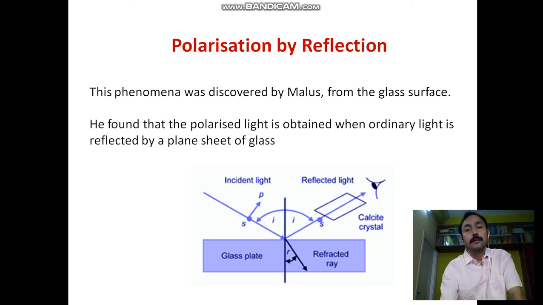Here in our picture, the incident ray is falling along this direction at an angle i, and it is reflecting along this direction and coming to our eye, and this is refracting along this direction. So this light is polarized or partially polarized. I am discussing the conditions in later figures.